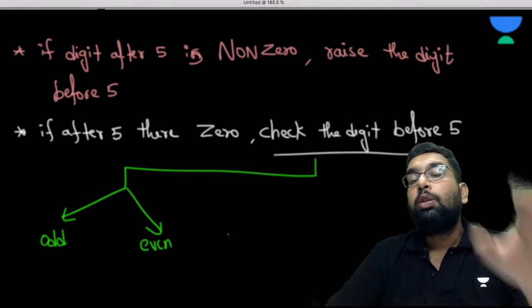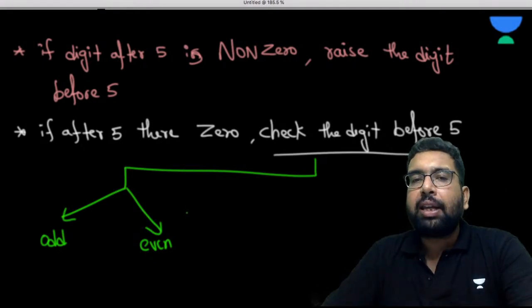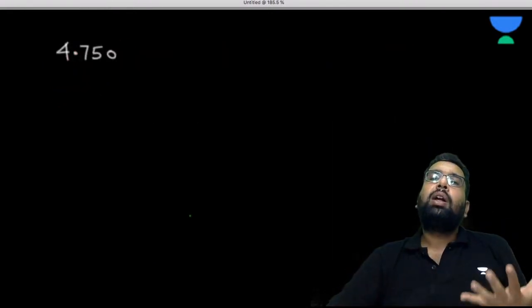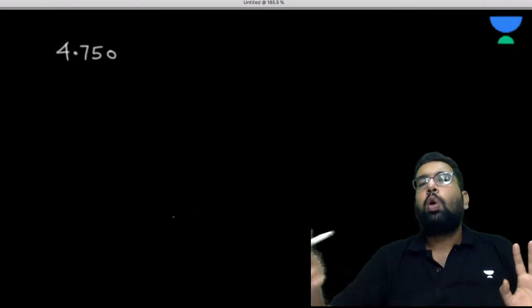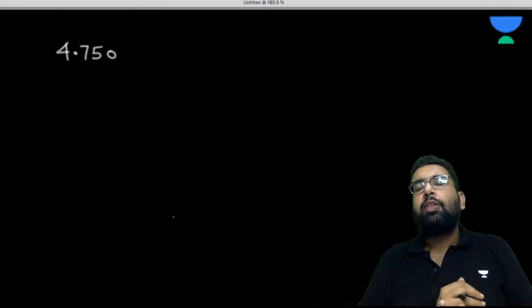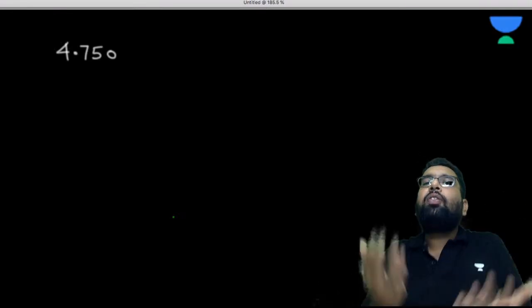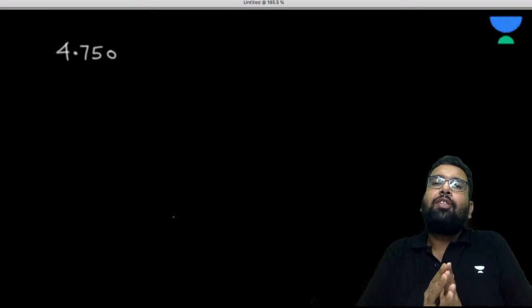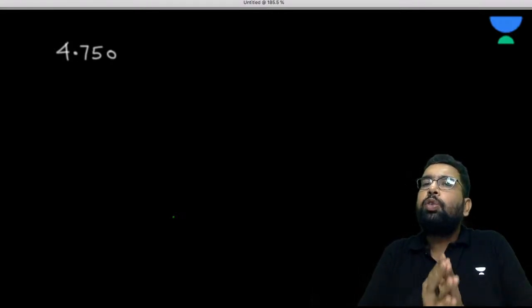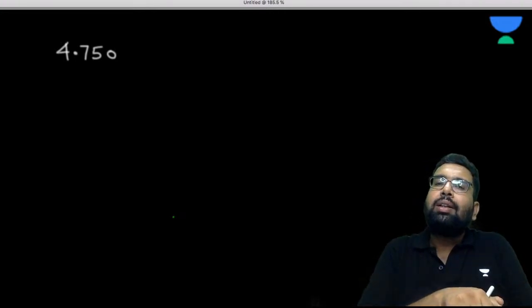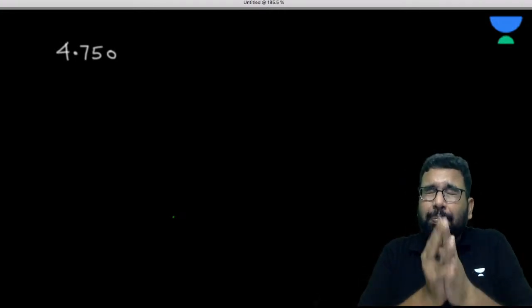Please try to understand what I am saying. This rule will come into force when you want to reduce to two significant figures and after 5 we have 0. So we don't know whether to increase the 7, decrease it, or keep it the same.